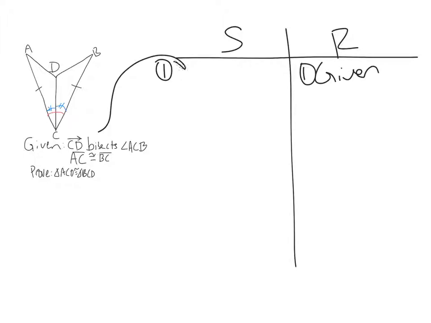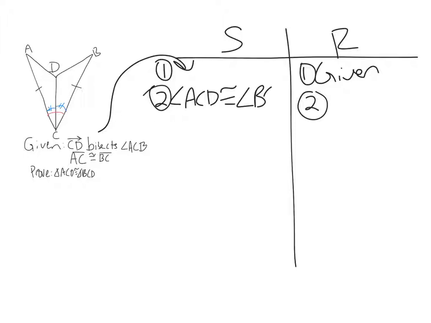I was given that AC is congruent to BC, but now I need to say angle ACD is congruent to angle BCD. My reason for that is that it's been bisected.